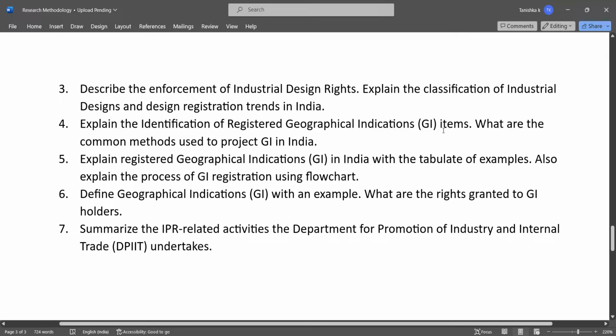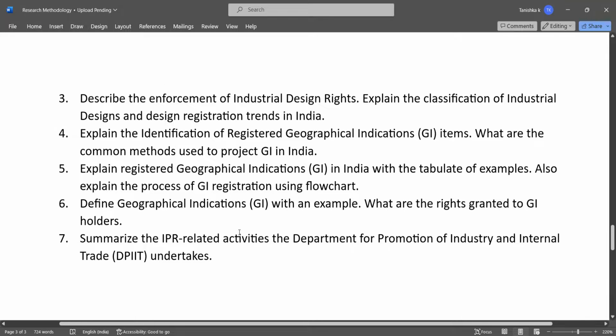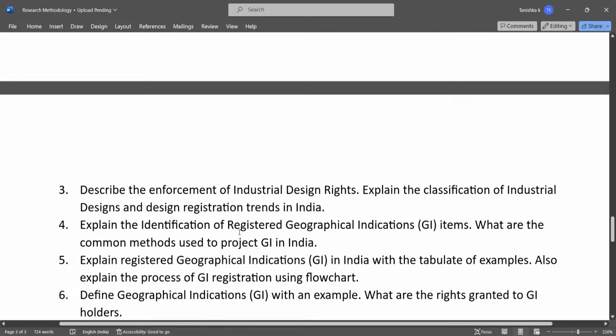So you can see here also questions regarding GI. Then this also GI, like explain registered geographical indications, then define the GI with an example and give the rights granted to GI holders. Then also summarize the IPR related activities to the department. So these are the important questions. You can study any 5 among these.